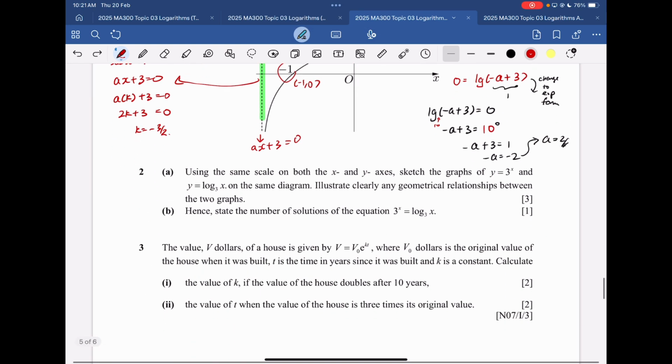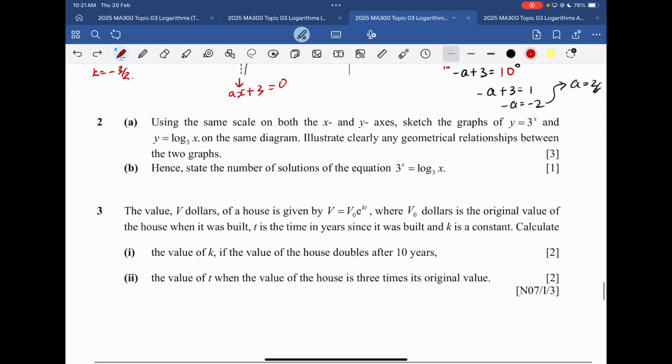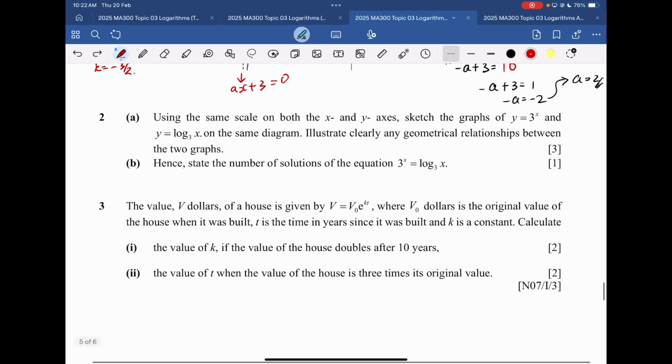Now I go to question 2. In case you are stuck, you go to your notes and look at page 14. Wonderful, Ariel has seen the connection.